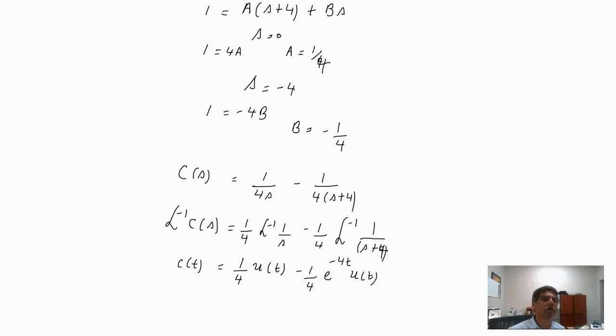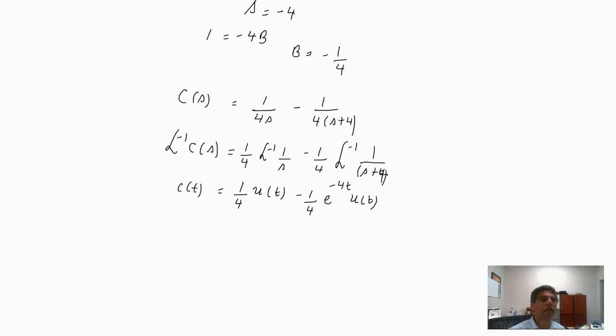If you want, you can also factor out the u of t, and that is your system response given that the input was a unit step function. And here you go, I can even take out 1 over 4 here: 1 over 4 times 1 minus e to the power of negative 4t, times u of t.